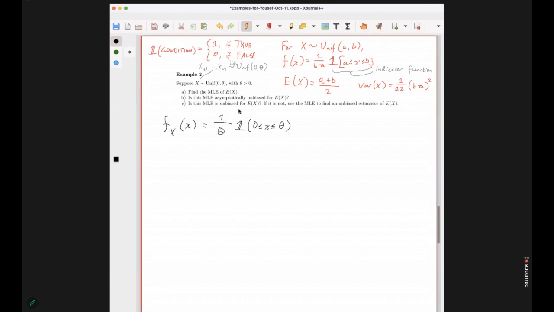And if we're looking at the maximum likelihood estimator for expectation of x, we first want to find the maximum likelihood estimator for what value?